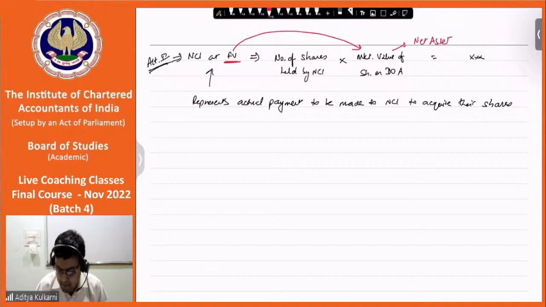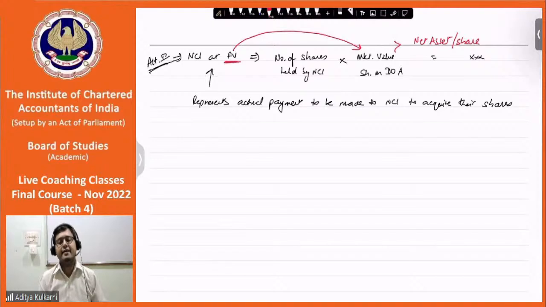If it is a good company, typically the market value per share is going to be greater than the net asset per share. And therefore, you are paying a higher value. Now, this higher value is ascribed only to the NCI.